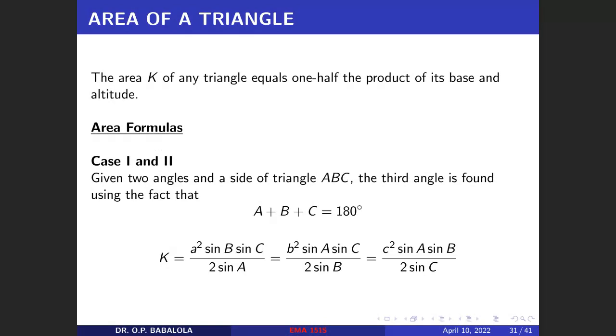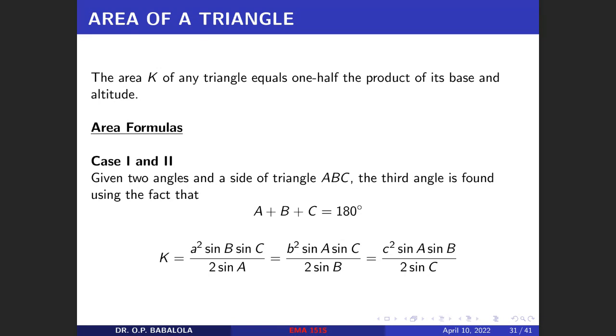So the area of a triangle, you all know the formula of that. We have different cases where we can use different area formulas. Case 1 and 2: we're given two angles and a side of a triangle. Then we need to obtain the third angle.